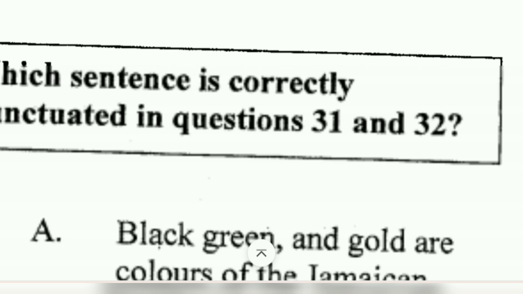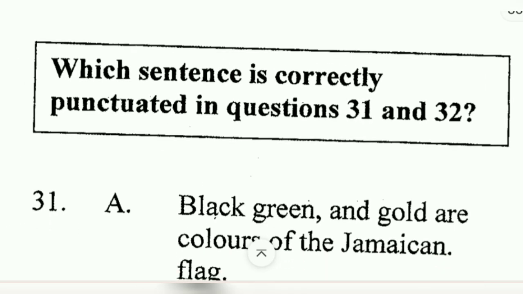Moving on. Which sentence is correctly punctuated in questions 31 and 32? So when you hear punctuation marks, you're thinking of full stop, comma, question mark, exclamation mark, quotation mark, hyphen, dash. I don't know which ones you use at grade 3, but these are the things we use, which will help you to read the sentence with meaning. Alright?